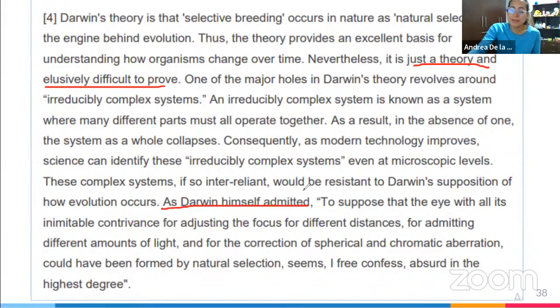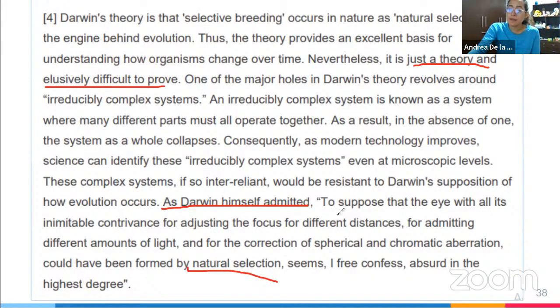They say, as Darwin himself admitted, to suppose that the eye, without inevitable contrivance for adjusting to focus for different distances, for admitting different amounts of light, and for the correction of spherical and chromatic aberration, could have been formed by natural selection seems, I freely confess, absurd in the highest degree. So basically, he himself admitted one of the holes in his theory.